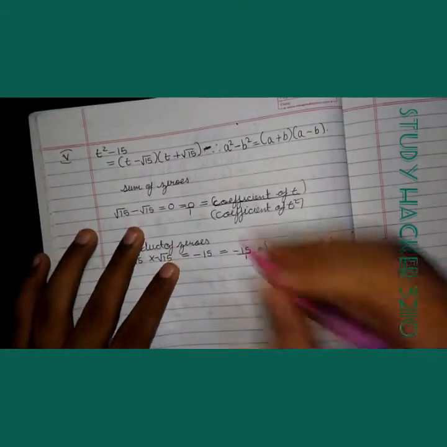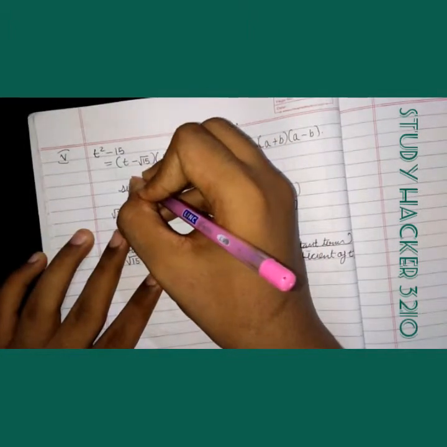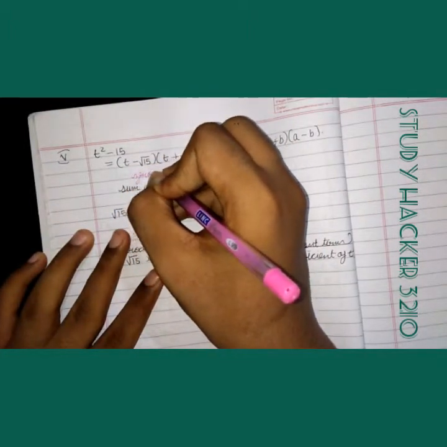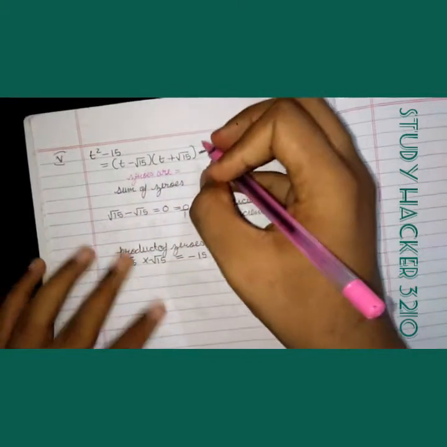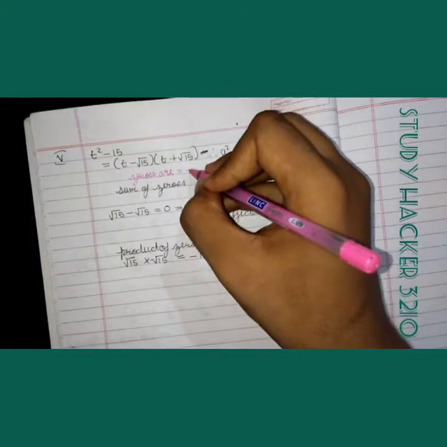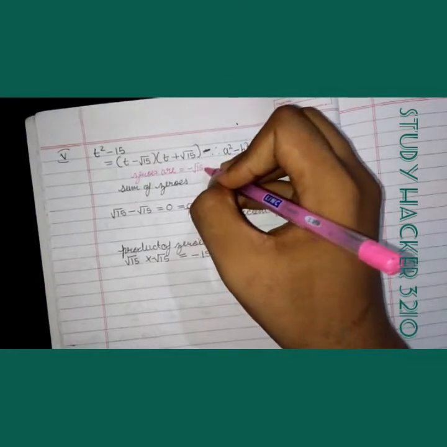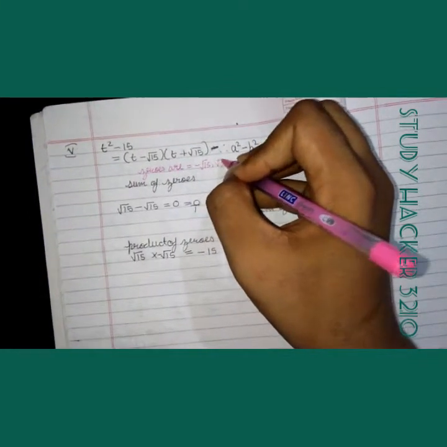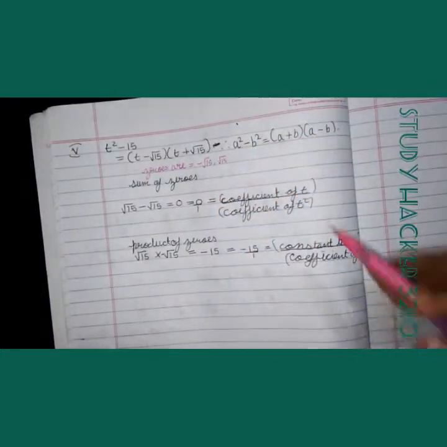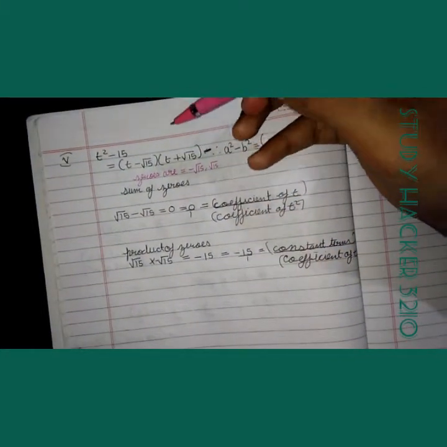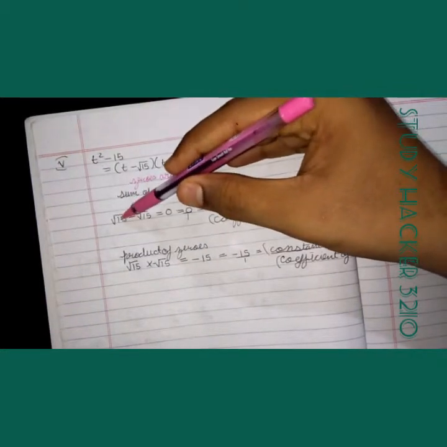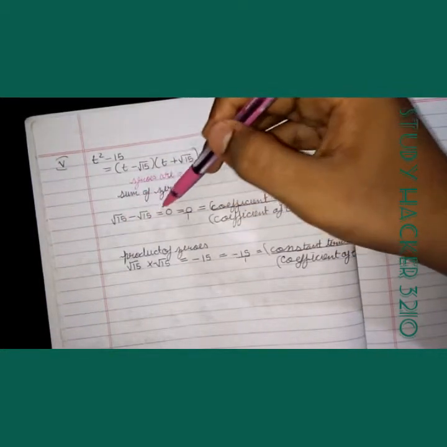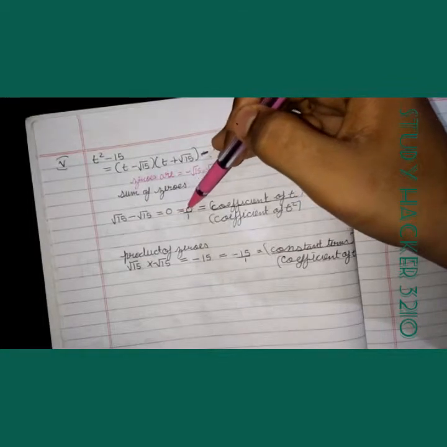So we have solved this question, and the zeros are minus under root 15 and under root 15. So we have to verify the coefficients and the zeros. We write sum of zeros, which is under root 15 minus under root 15, which equals 0.